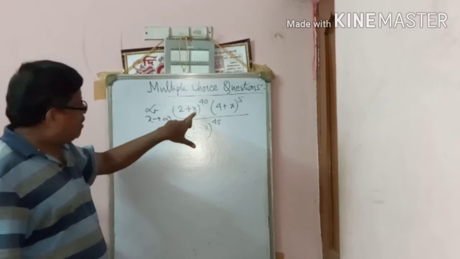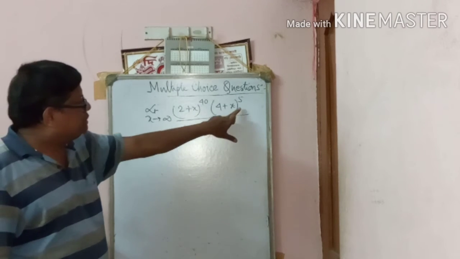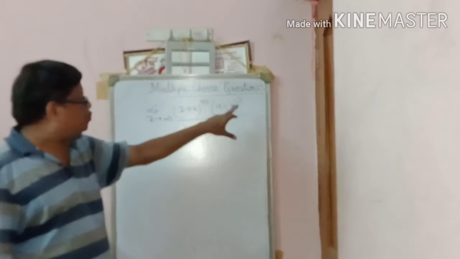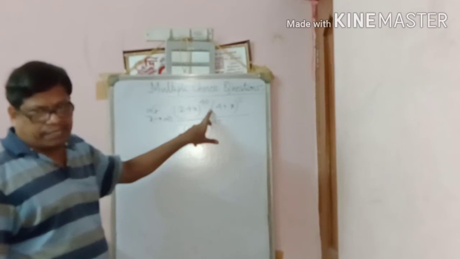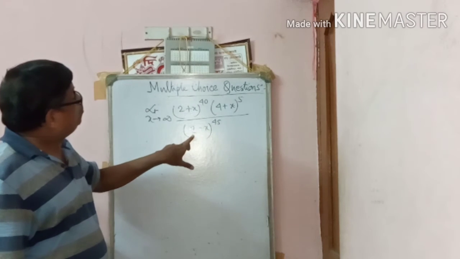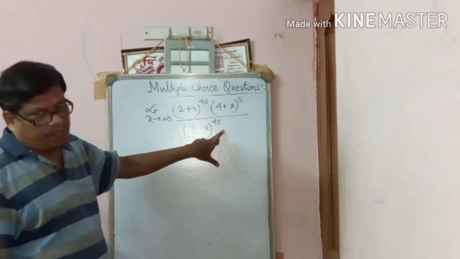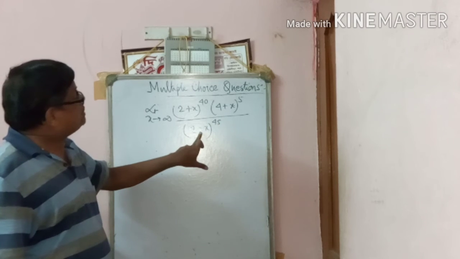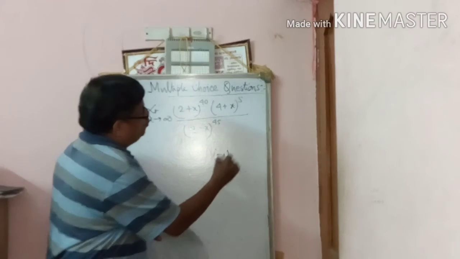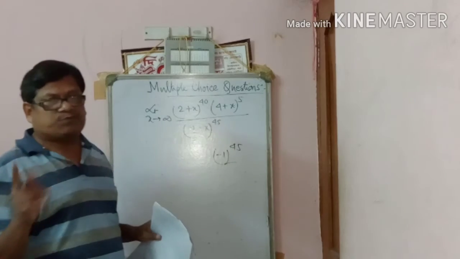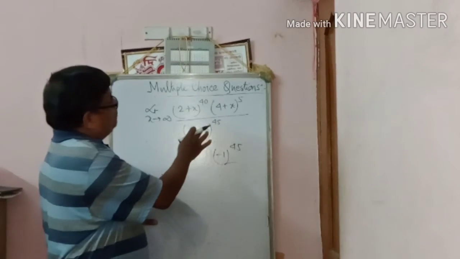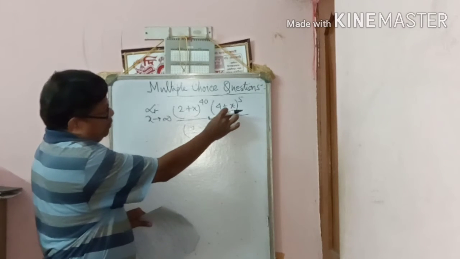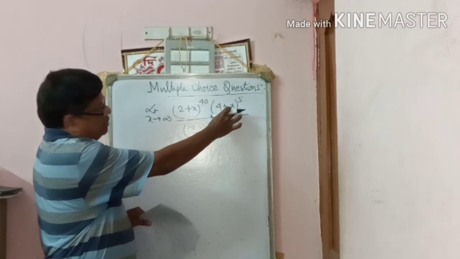Look at here, the power of x is 40 here, and the highest power 5 is there, the product is there, so the total power is 45. Again down, you see (2 minus x) whole to the 45, so the highest power of x is 45, with coefficient minus 1 whole to the power 45, that is minus x to the 45.